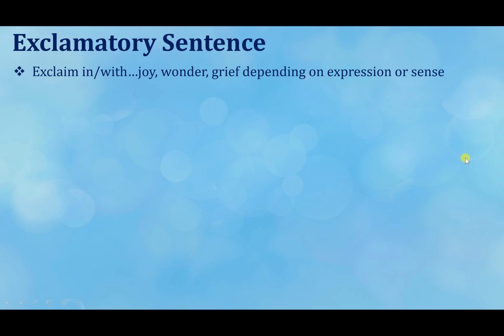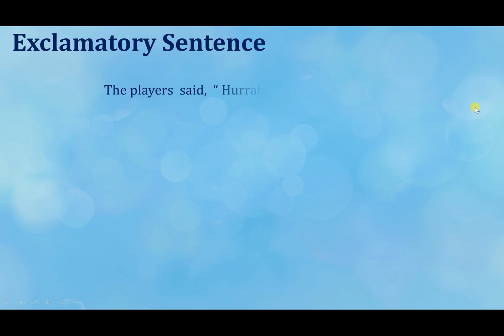Now, exclamatory sentence. Exclamatory sentence refers to expression of joy, expression of wonder, surprise, expression of grief, okay? For example, the players said, "Hurrah, we have won the match." So it is an expression of joy. For joyous expression, we will use the verb like exclaim in joy or with joy.